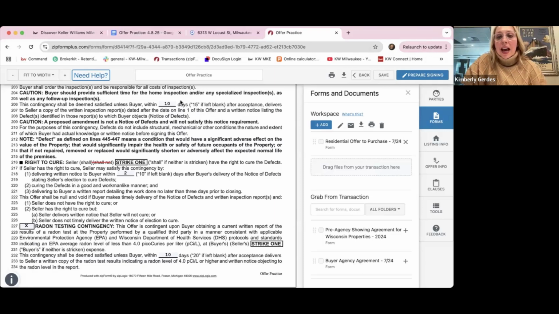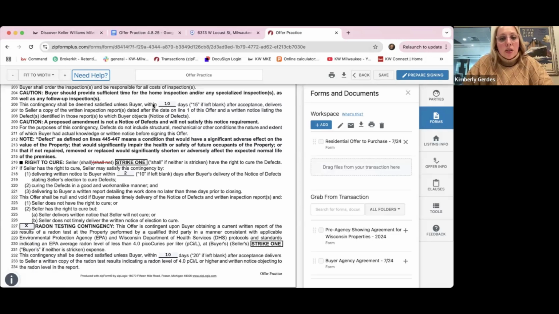But say it's like day 9 and you're really struggling to come to an agreement with the seller in terms of repairs, and your buyer was like, you know what? If they can't do this, then we're out. Well, then what you do is you send a notice of defects, and a notice is only signed by the party initiating the notice. It doesn't have to be signed by both.